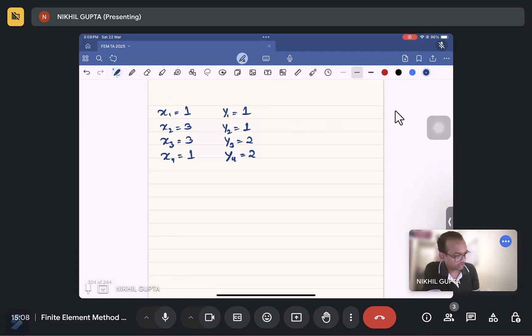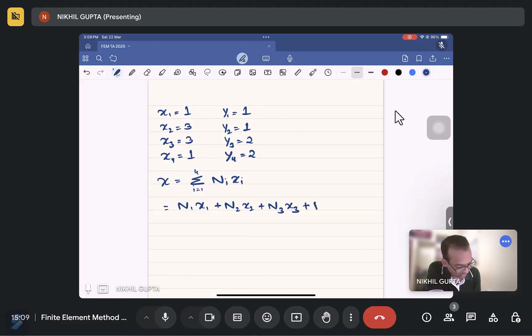So we have to write x in terms of xi and eta. We know x will be the summation of i equal to 1 to 4 of Ni xi, so we can write n1 x1 plus n2 x2 plus n3 x3 plus n4 x4.